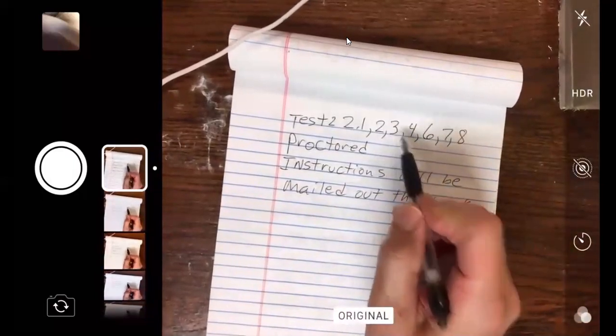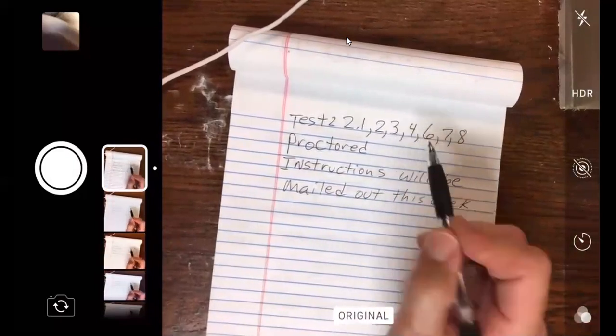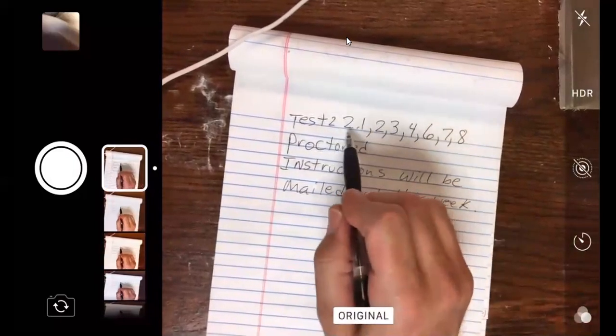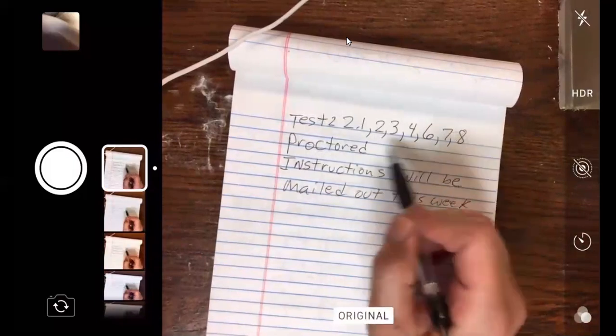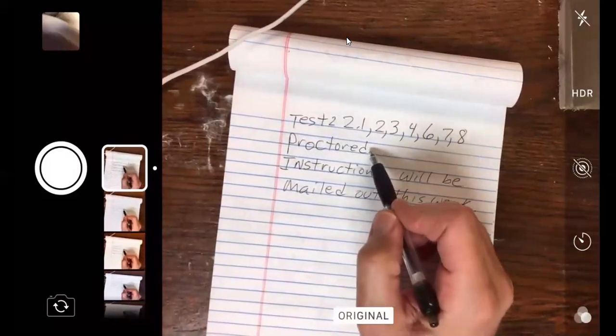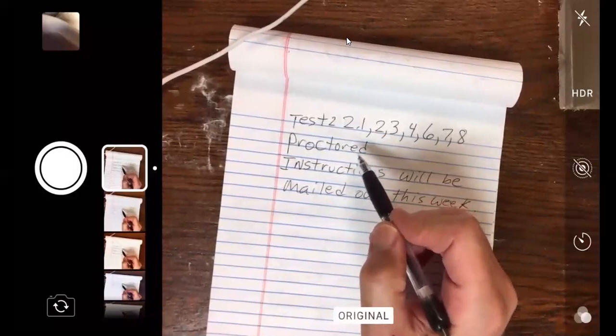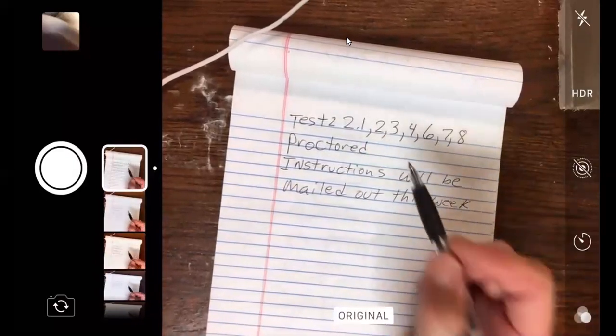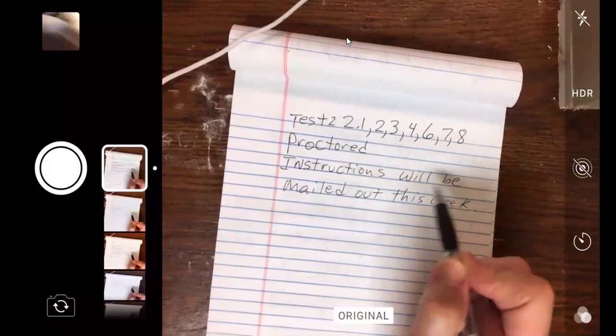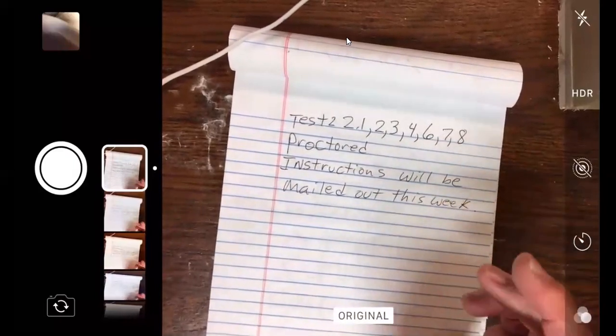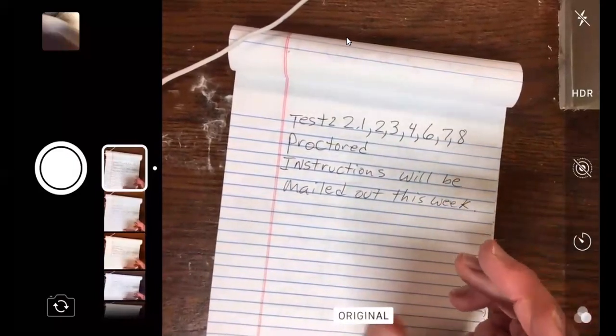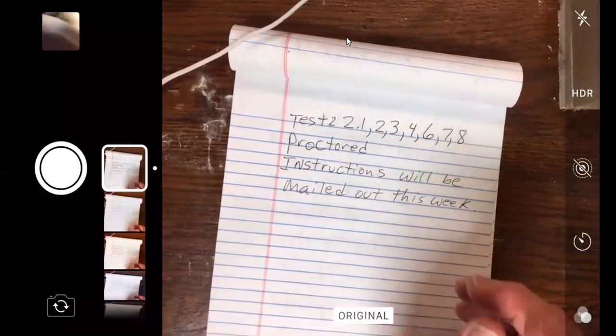It has section 3.2.3 in it. So test 2 has these sections. It will be proctored, which means it will be inside D2L using something called Respondus Monitor. I'm going to be mailing out instructions this week for y'all to do that. This is the only test that'll be proctored.